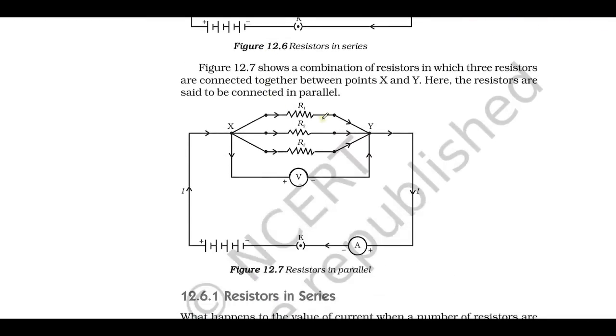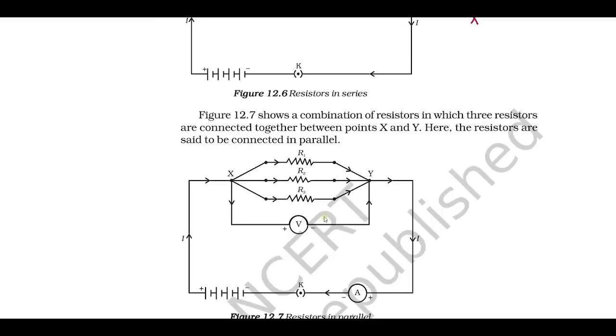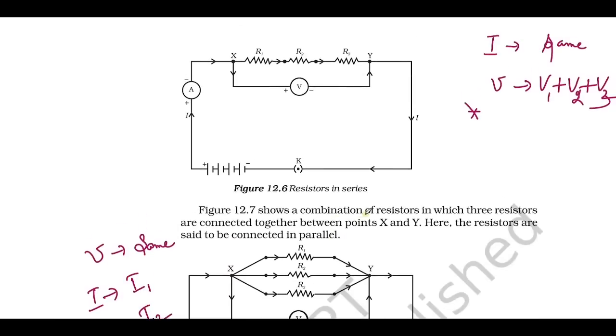In case of parallel, the potential difference will be the same, whereas the current will be divided across each resistance as I1, I2 and I3. The effective resistance when connected in series is Rs equals R1 plus R2 plus R3.